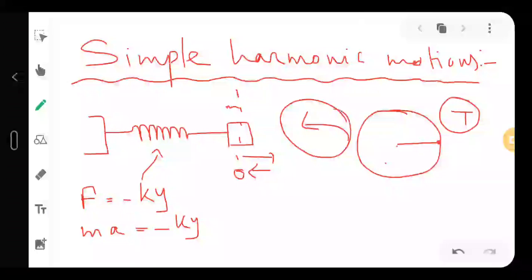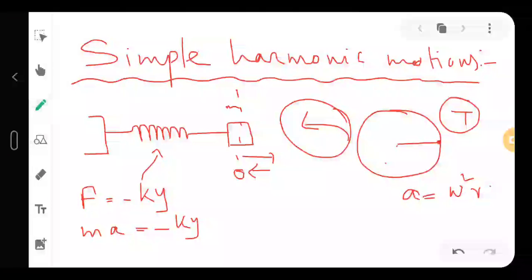For circular motion, we know that the acceleration is omega square r, that is v square by r, right? I think you remember this, the centripetal acceleration. So for this kind of rotation we can write a is equal to omega square r.